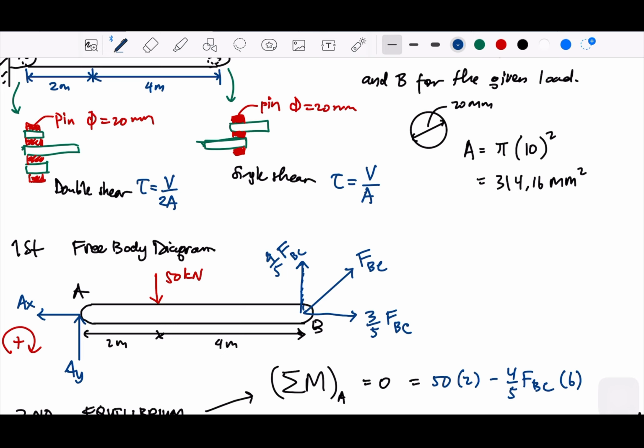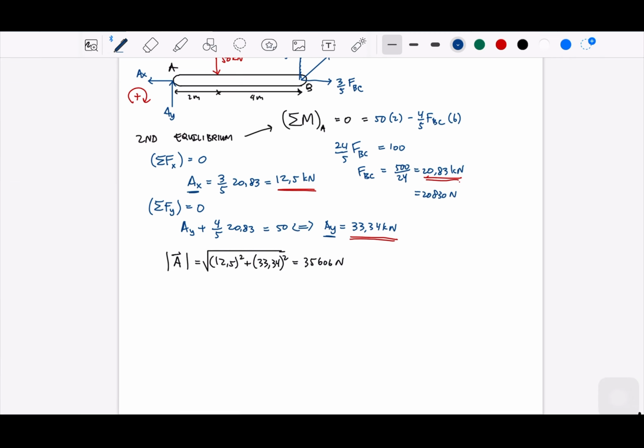Because A, you can write with the diameter, you can write with the radius. So I'm trying to simplify all the formula in the textbook. Okay, single shear, double shear. And then, for A, we can just take the double shear.